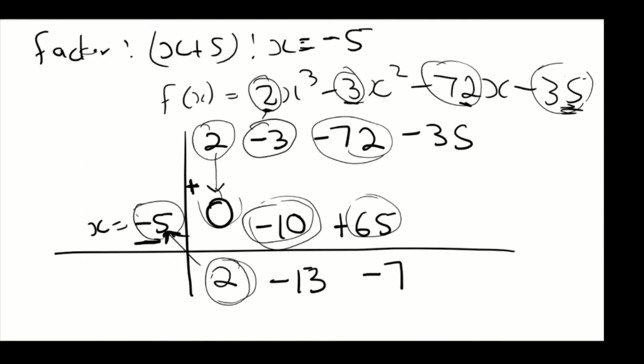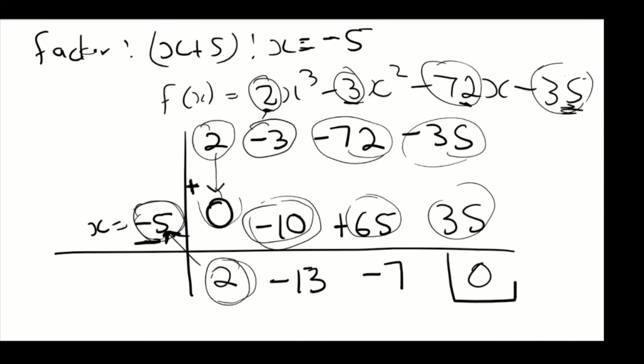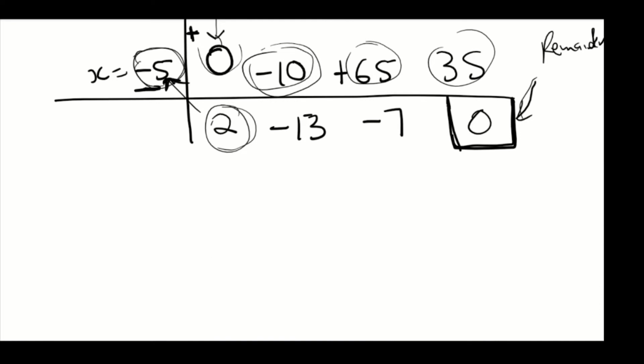Minus 7 times minus 5 should give you 35. And then minus 35 plus 35 should give you 0. So you must always get 0 at the end. This is the remainder. The remainder must always be equal to 0 in this method, so that you know that you did the method correctly. Once you are done, this expression here is your parabola.